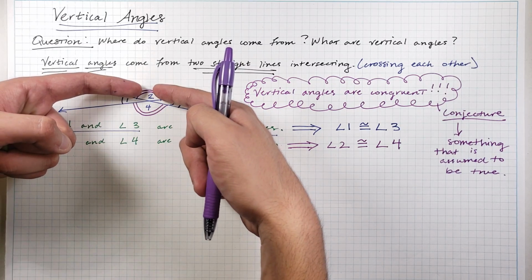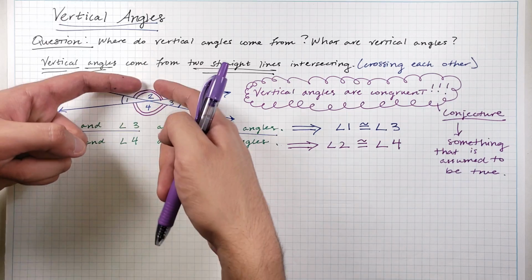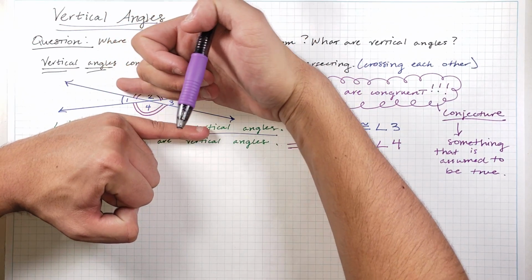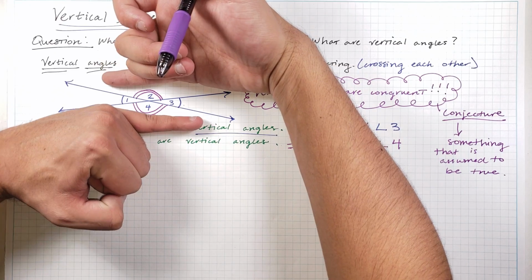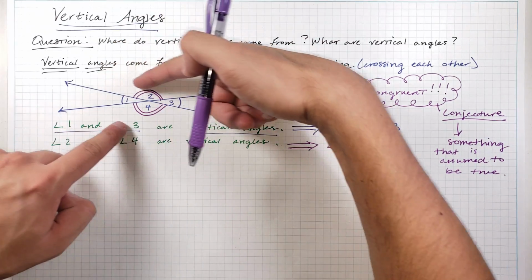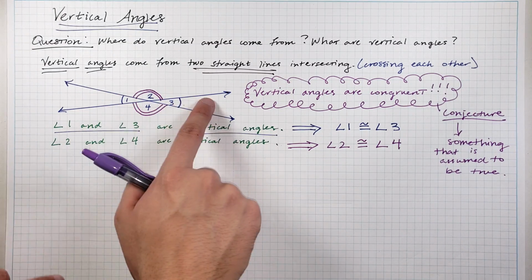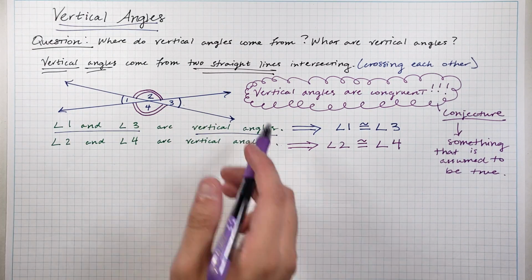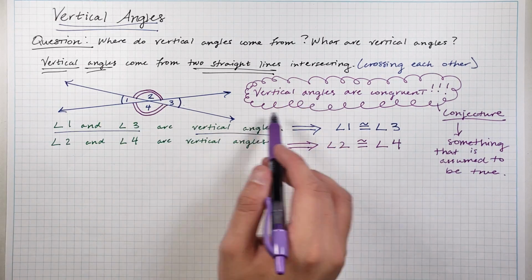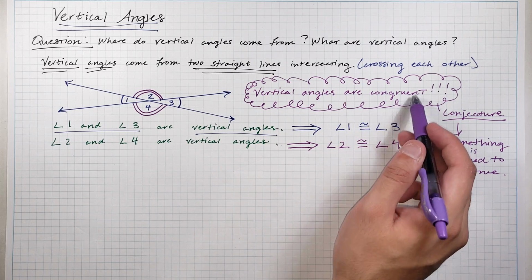So angle 2 is vertical to angle 4. And if you turn your head and look at this one, you can see angle 1 is vertical to angle 3. Once we talked about these being vertical to each other, we said the most important statement in the entire video, which is vertical angles are congruent.